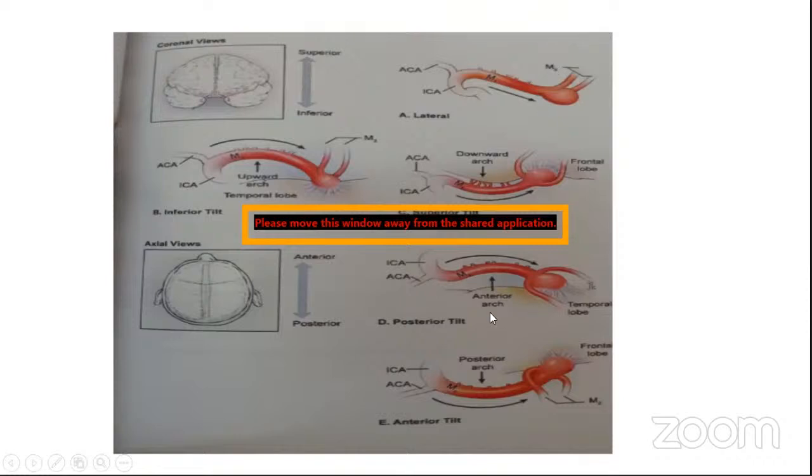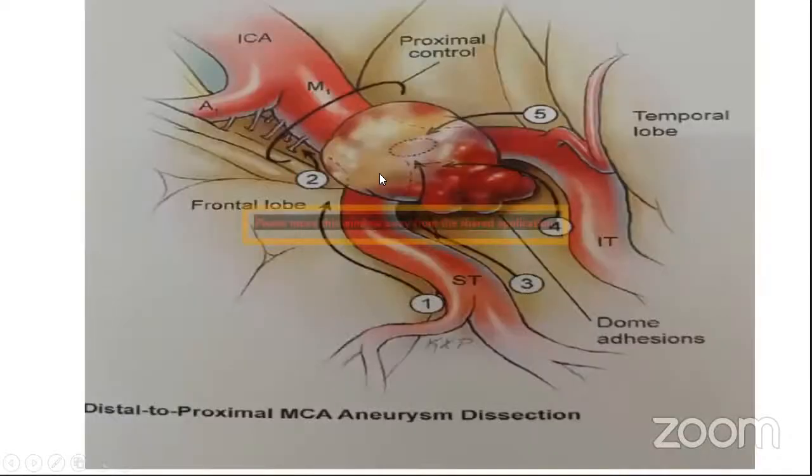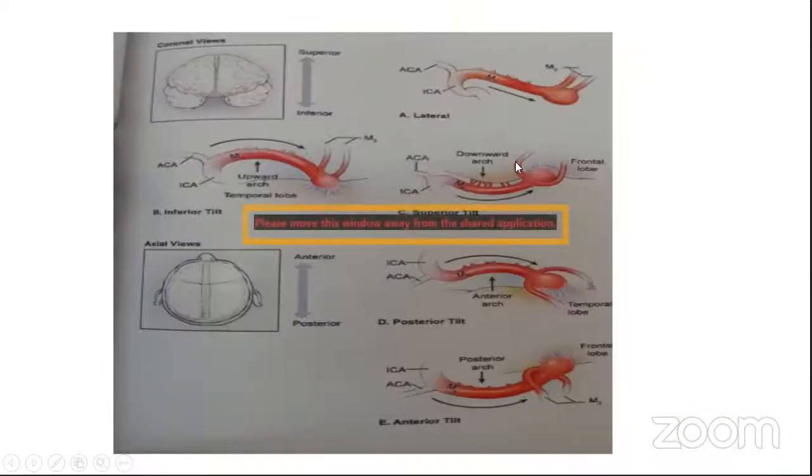You can see in the axial views, this is the MCA, and it has a posterior tilt, or sometimes an anterior tilt. If we look at the coronal section, we will see these types of tilts, because the dissection in the arachnoid plane is important. We have to separate this aneurysm from these adhesions so that the ligation at the neck can be done easily.